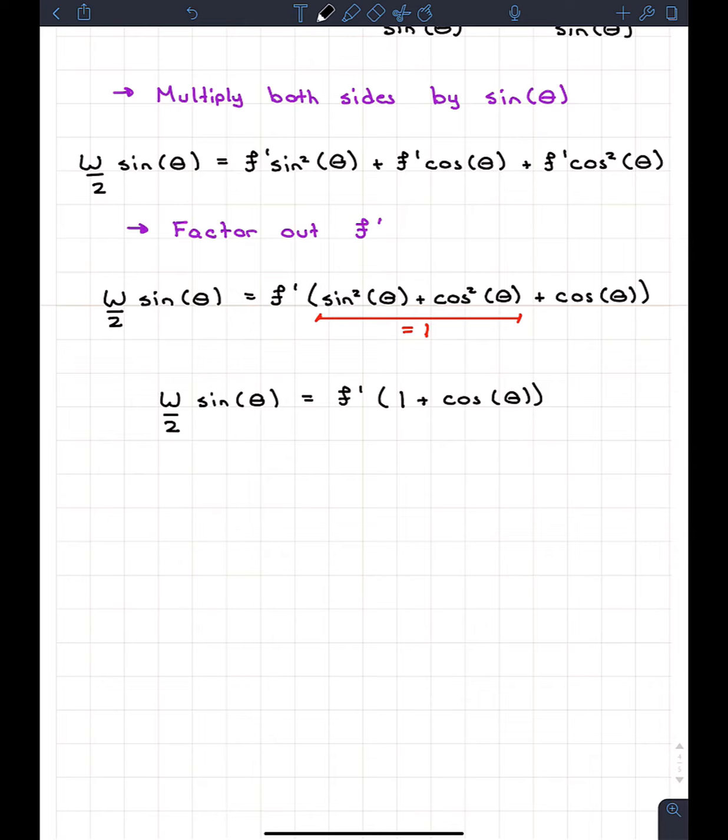So what I can do to finish this off is I can just move the 1 plus cosine theta to the other side to give us a nice equation for f. So we can say that f prime, which we know from equation 4 is also equal to just f, is going to be w sine theta divided by 2, and then in brackets, 1 plus cosine of theta.